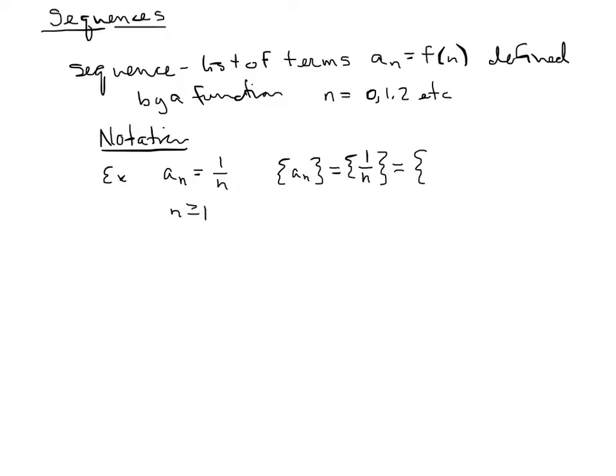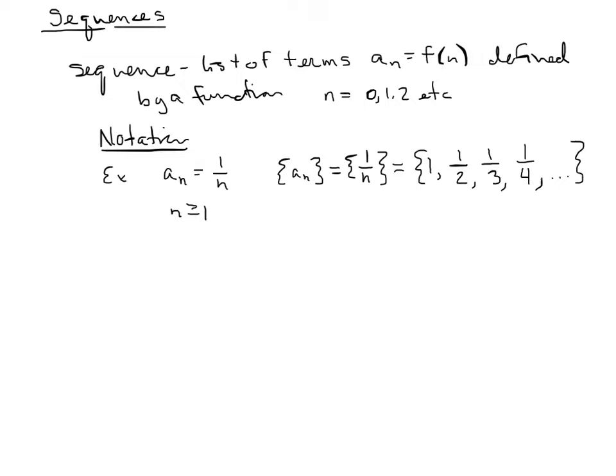The first term is when I plug in n equals 1, so 1 over 1 is just 1. The next term is plugging in n equals 2, that would be 1/2. The next is n equals 3, that would be 1/3. The next is n equals 4, that would be 1/4, and that continues.